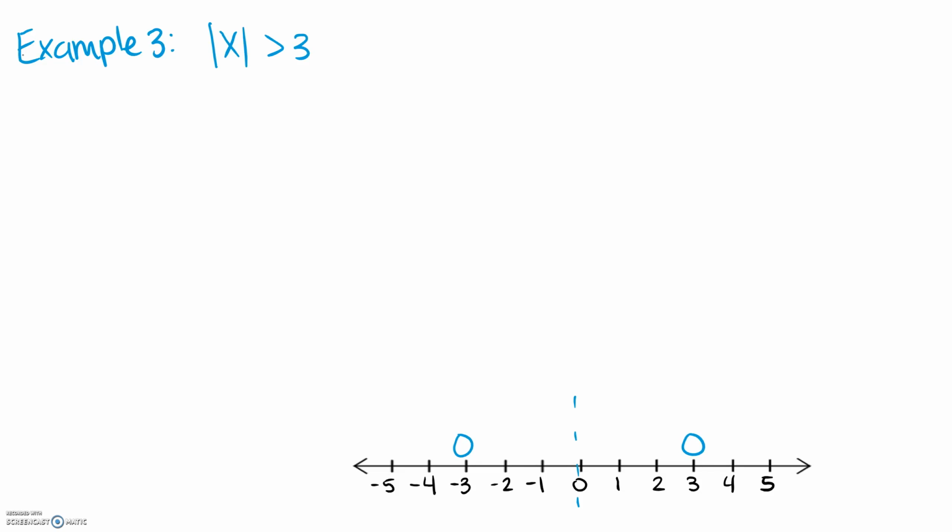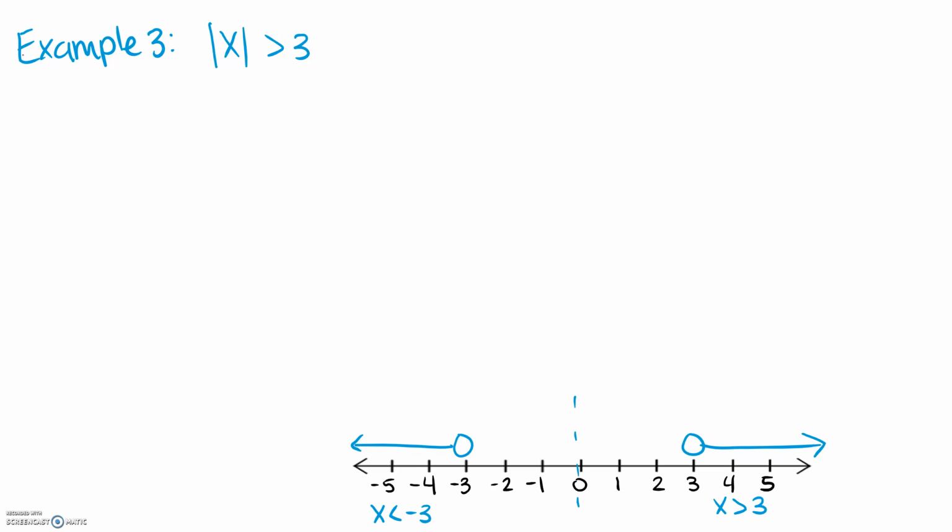But instead of having the values that are between the two, x has to be greater than 3 units from 0. So it's going to include all the values greater than positive 3, so x is greater than 3, and all the values less than negative 3, so x is less than negative 3.